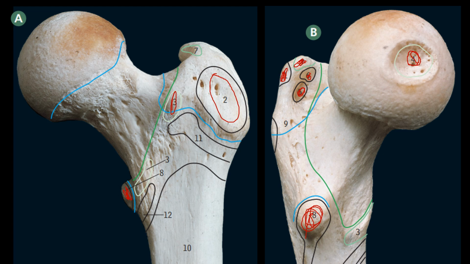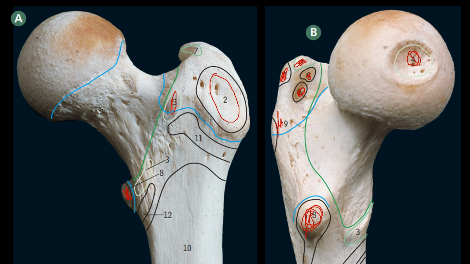The quadratus femoris is number 9, which inserts near the quadrate tubercle.